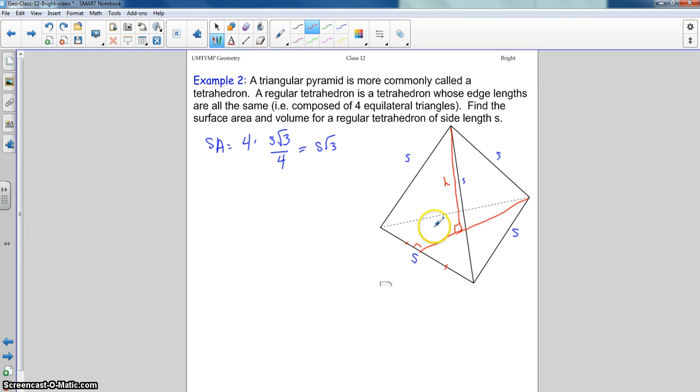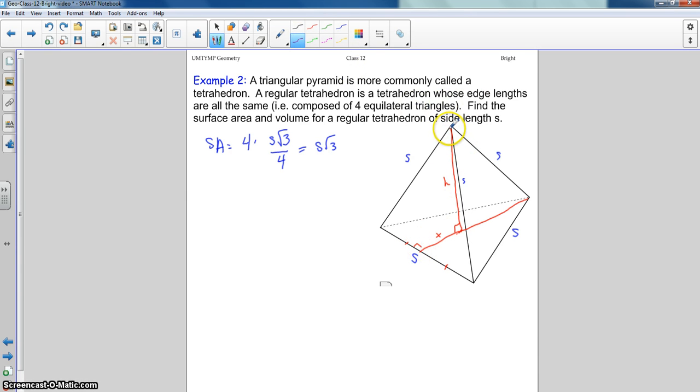But if I call this distance here x, so I'm looking at this distance here from the midpoint to the centroid up to the apex, and then from the apex down to this midpoint.